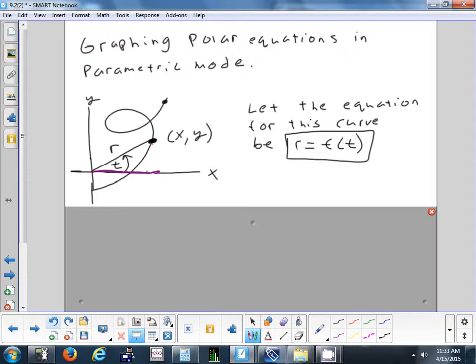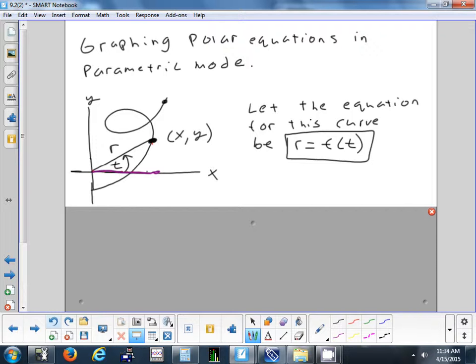Well, we don't know what the radius is going to be, but we have a formula that will calculate it, and they will give you that. The formula that calculates the radius is the equation in polar. R equals, and then whatever they give you for an equation or a function. Now, when they give it to you in polar, it's probably going to have theta as the variable. The first thing we'll do is change the theta to a t, because we're going to be getting it to parametric.